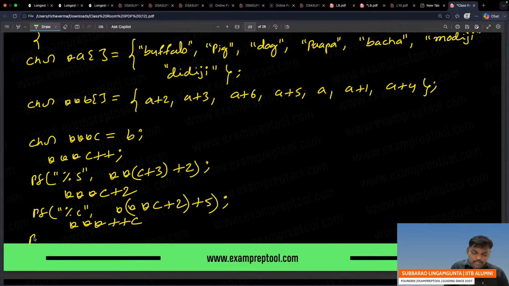Next one, printf percentage s, star star c plus 2 plus 2. End of this.